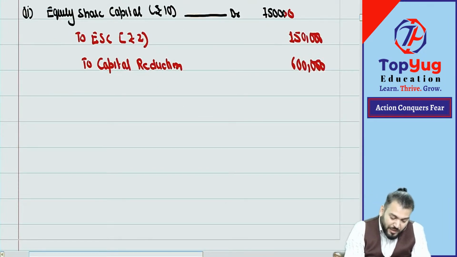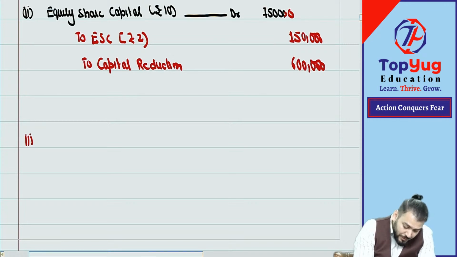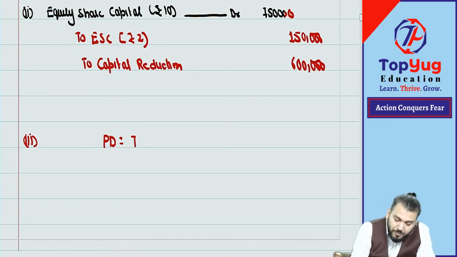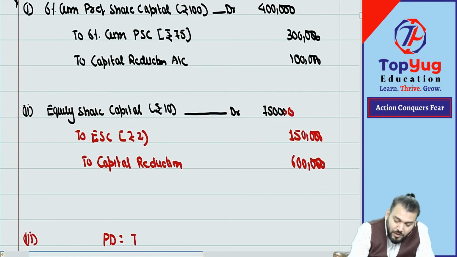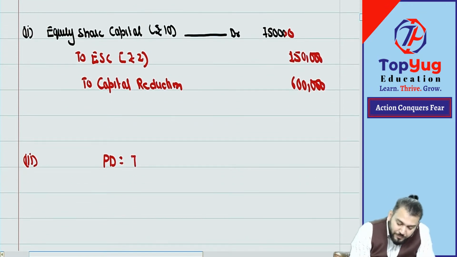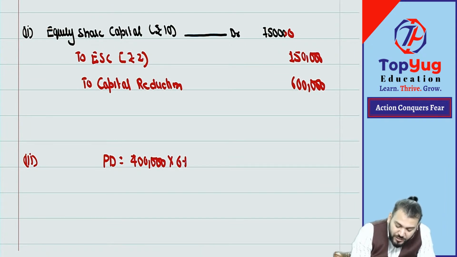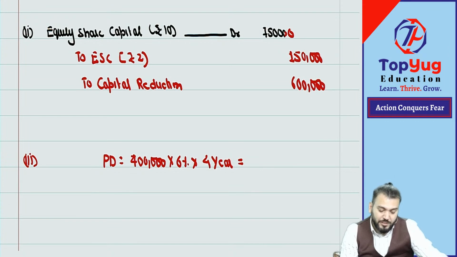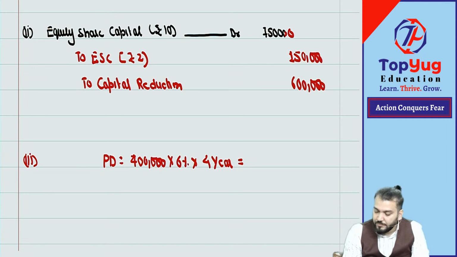So first we need to calculate, we are doing point number 3. What is the total preference dividend? The capital was 4 lakh. What is the rate of dividend? 6%, and it is in arrears for how many years? 4 years. So 4 lakh into 6%, everyone calculate. 24,000.